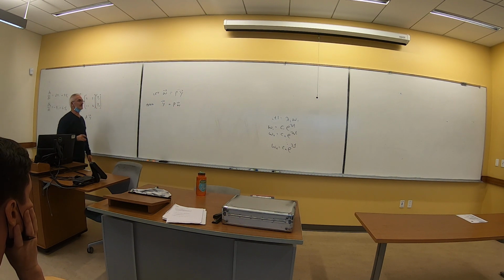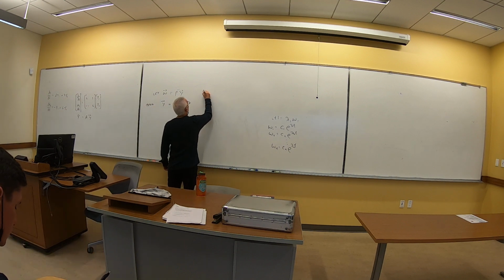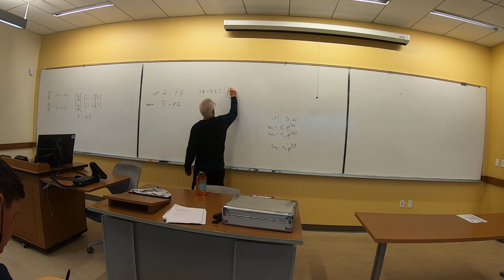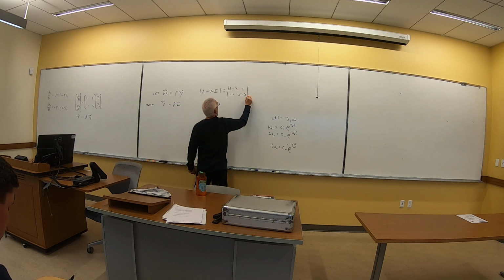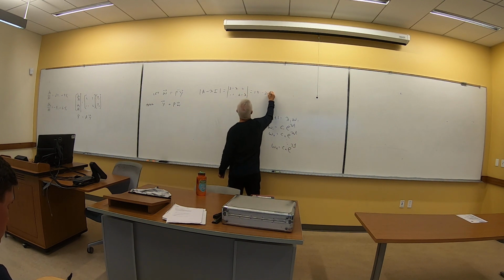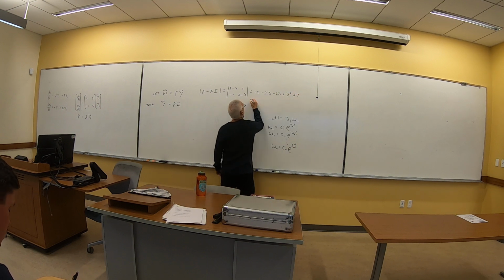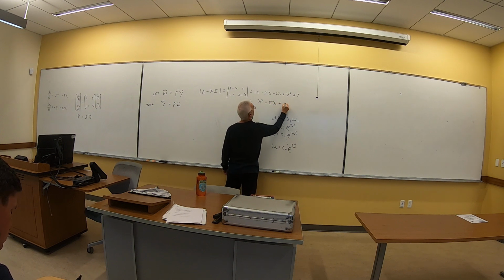Let's now diagonalize. I've already got enough up here, I'll add stuff if I need it. So A minus lambda I gives 12 minus 2 lambda minus 6 lambda plus lambda squared plus 3. That'll be lambda squared minus 8 lambda plus 15.